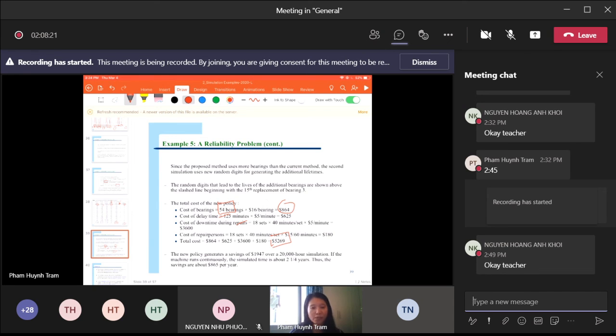So it means that we can save this much money, right? So it becomes very convincing before we apply the new method, right? So again, this is the advantage of the simulation. It helps us to evaluate the solution before we implement it.